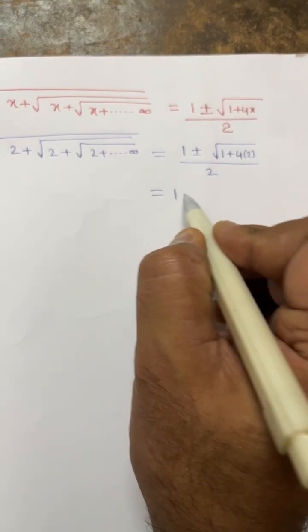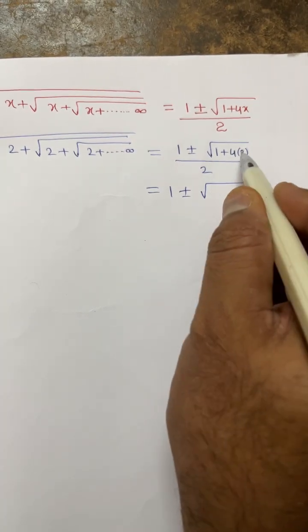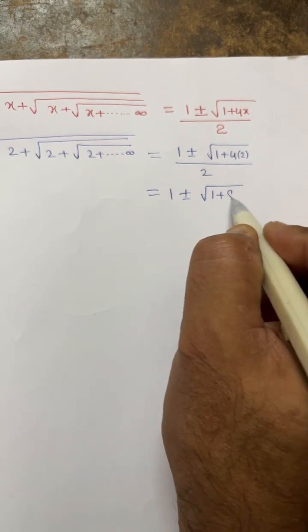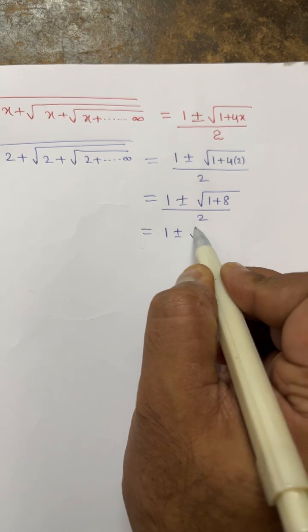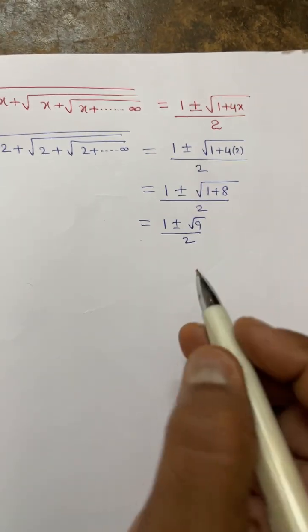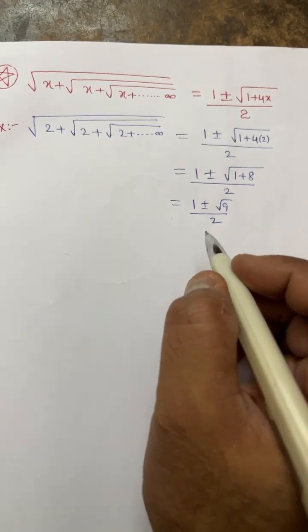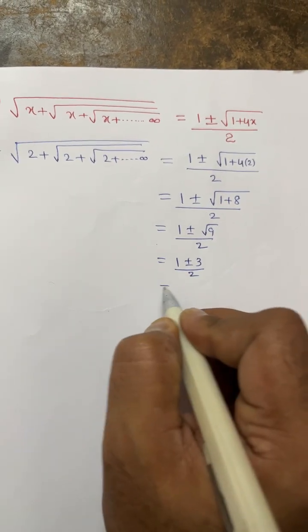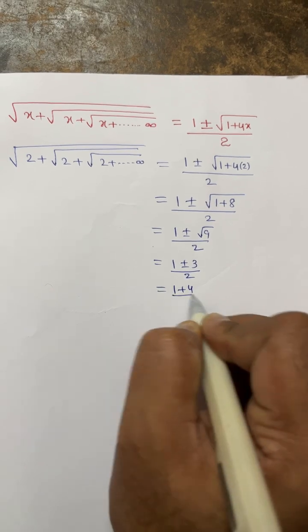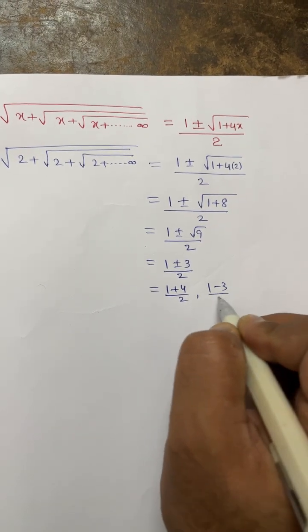So which is equal to 1 plus or minus root 1 plus 8 by 2. For your understanding purpose, otherwise I will write directly root 9 by 2. So that is equal to 1 plus or minus 3 divided by 2.